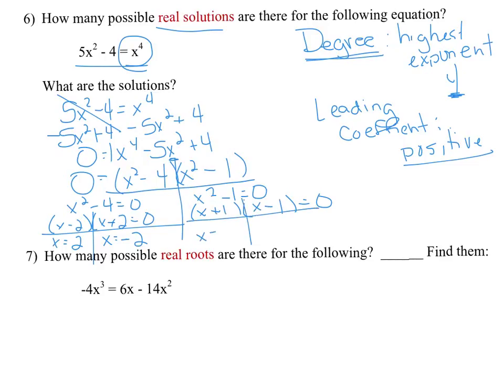T-chart, x equals -1, x equals 1. I just ran out of room, so I couldn't put those extra steps. So the solution here, remember there was a possibility of having 4 answers, and that did happen. So 2 and -2, -1 and 1. Doesn't matter the order you put them, they're all good the way they are.